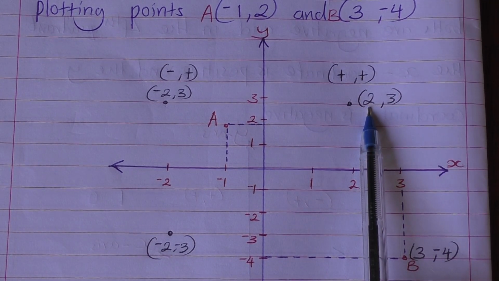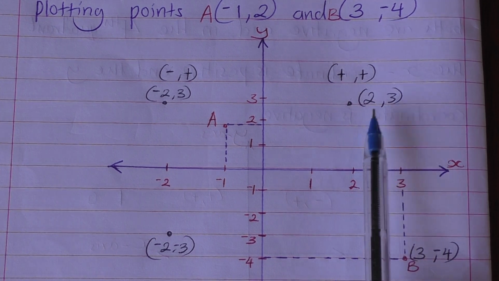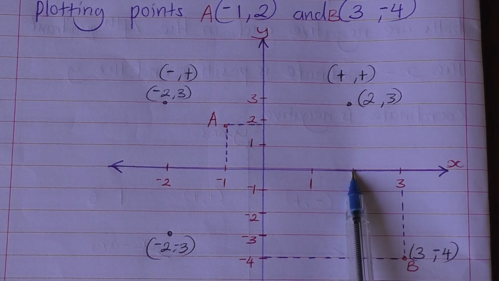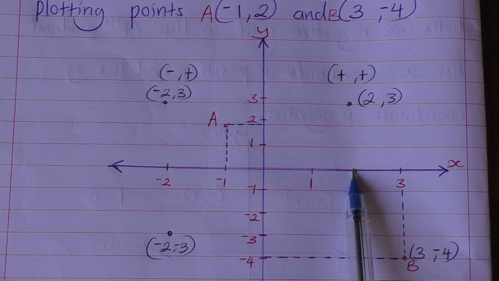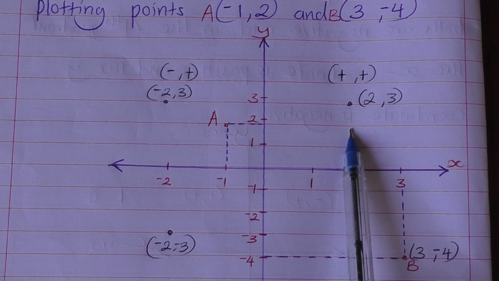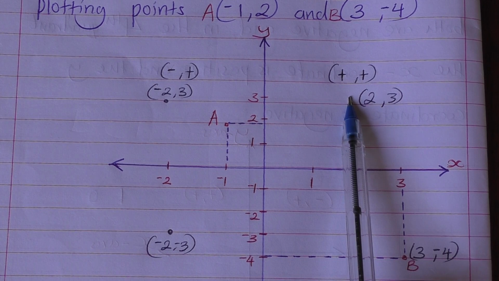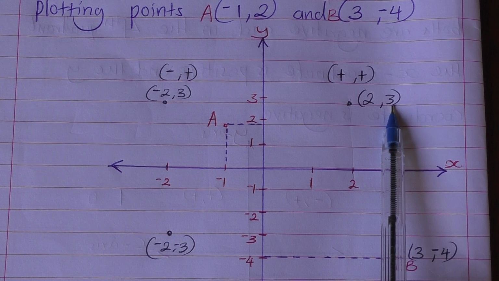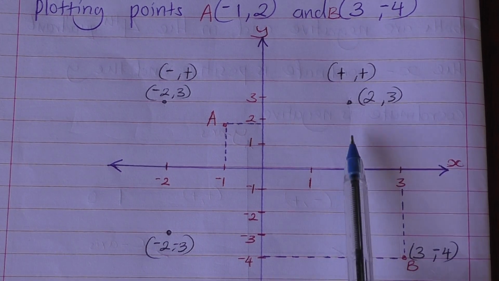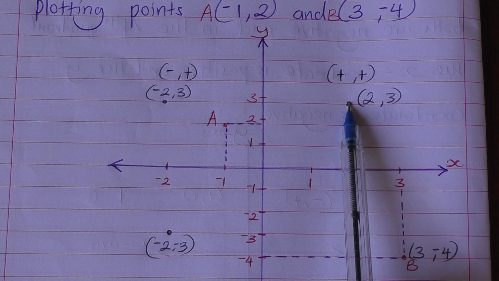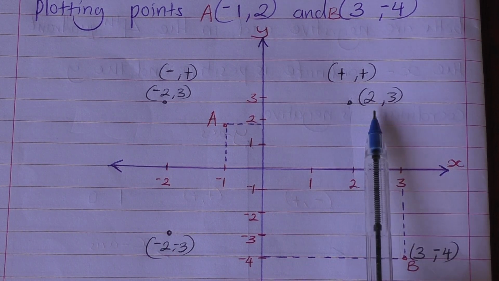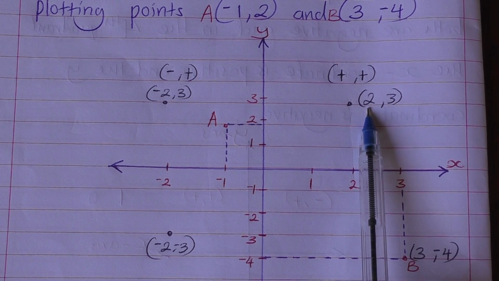Always the first figure represents the x-coordinate. So that is our figure 2. And then project it until it meets with the y-coordinate 3. So where 2 meets with 3 becomes our point. And since they are both positive, that is in the first quadrant.